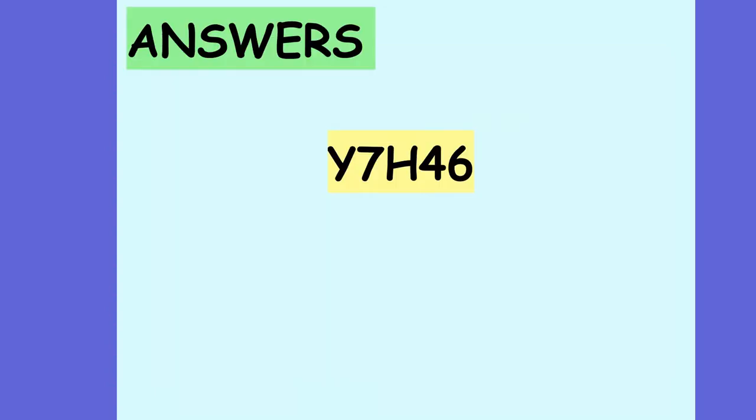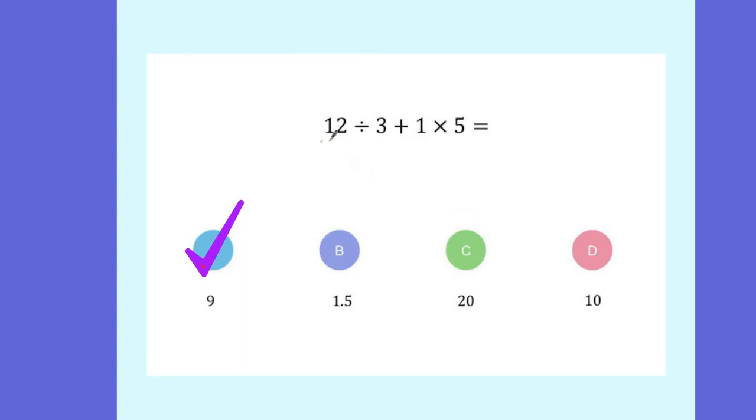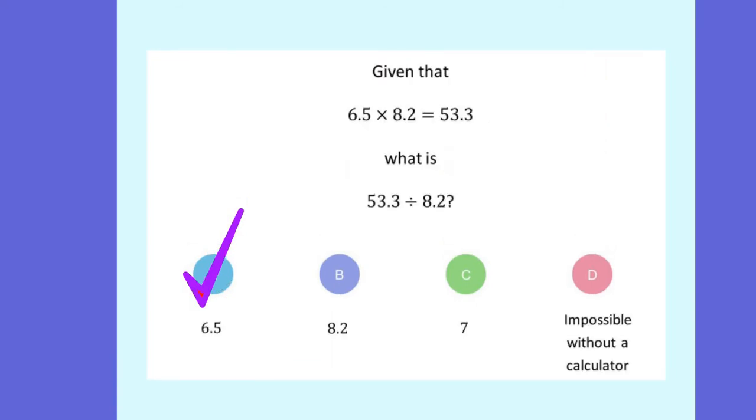Okay, let's go through some answers. So question number 1, using my BIPs, my brackets, indices, products, and sums, the bit I need to do first is the products. So I've got 12 divided by 3 is 4, and 1 times 5 is 5. 4 plus 5 will give me A, 9. Question number 2, I can work backwards.